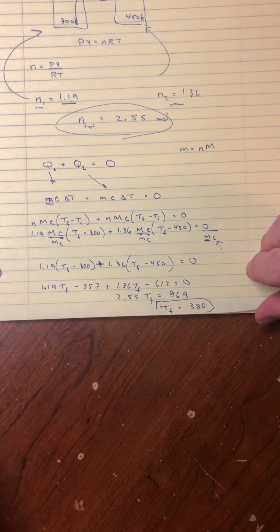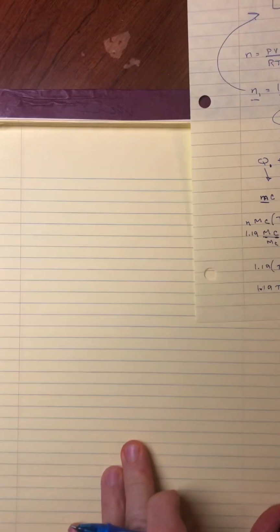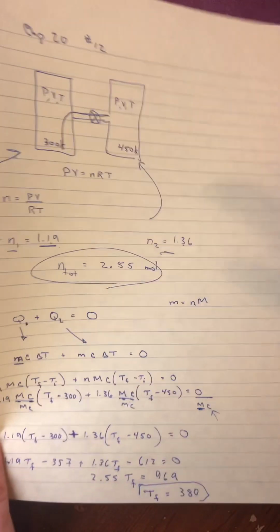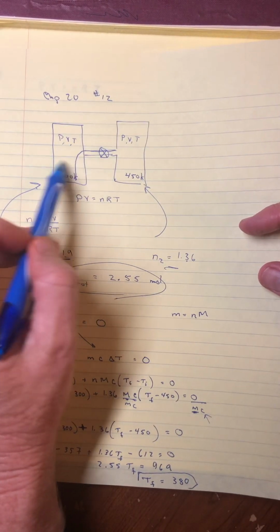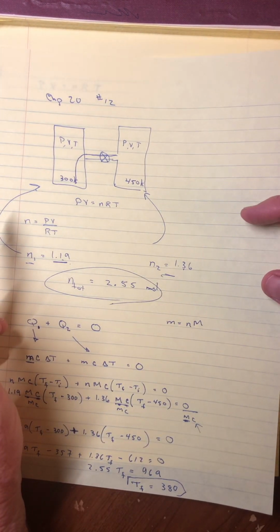Okay. Now, that's one of the questions. What's the final temperature? The other one is the final pressure, and let me just put up here PV equals nRT. And we can apply this, again, to either the individual sides or the whole collective body.